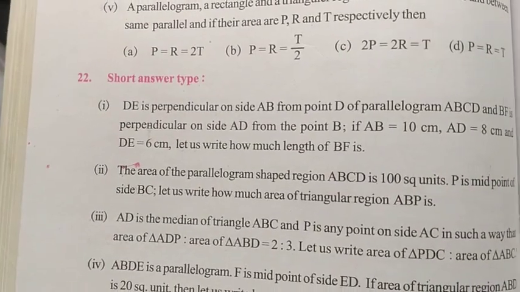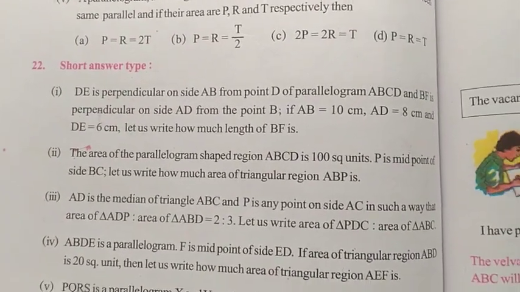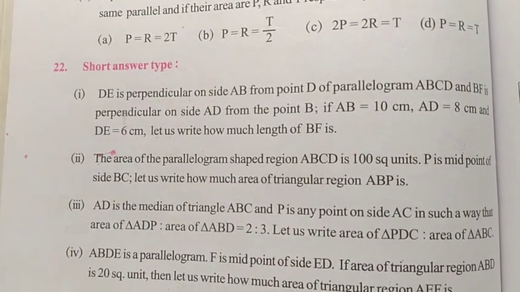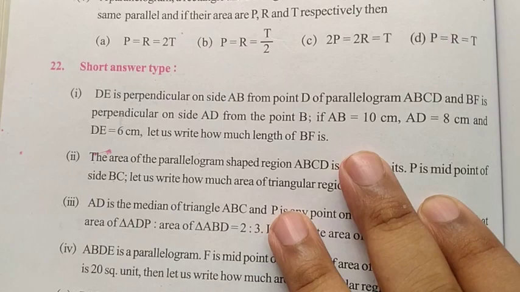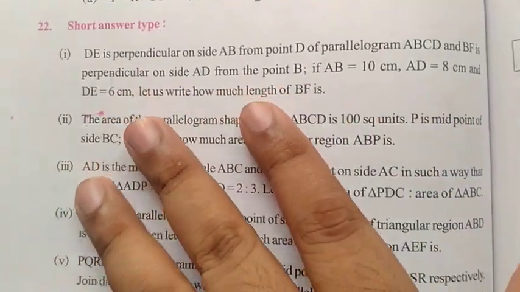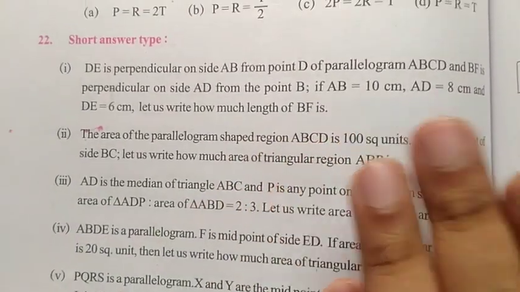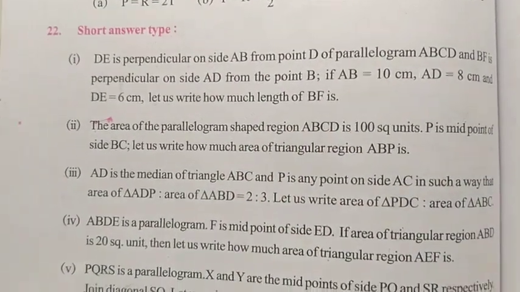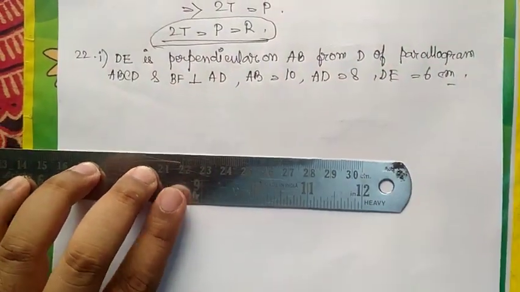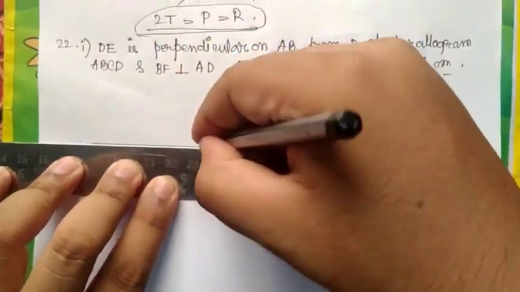This is sum number 22(1). DE is the perpendicular on side AB from point D of parallelogram ABCD, and BF is the perpendicular on side AD from the point B. If AB equal to 10 cm, AD equal to 8 cm and DE equal to 6 cm, let us write how much length BF is. So first of all we have to draw the diagram.